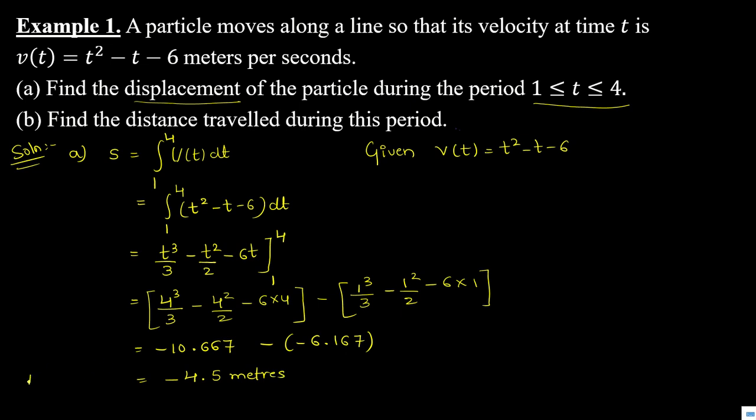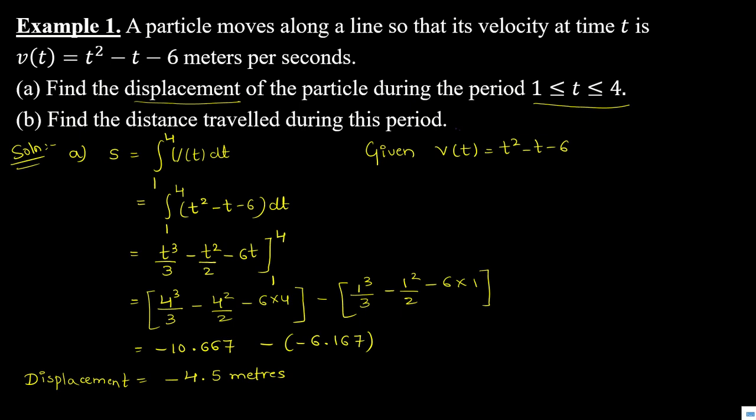This is the value of the displacement of the particle. Displacement can be negative, as displacement is change in position. Change of position might be backwards, which may give you a negative value.